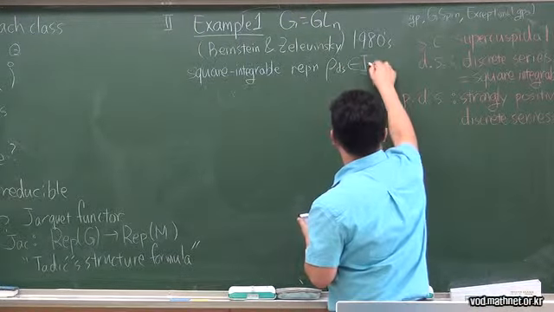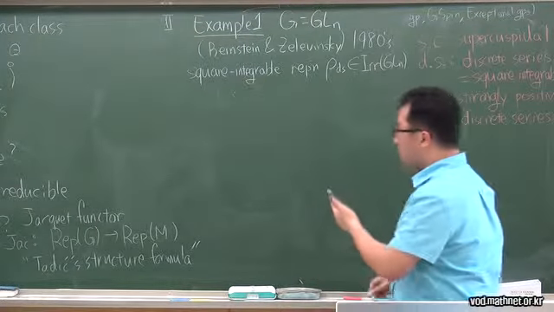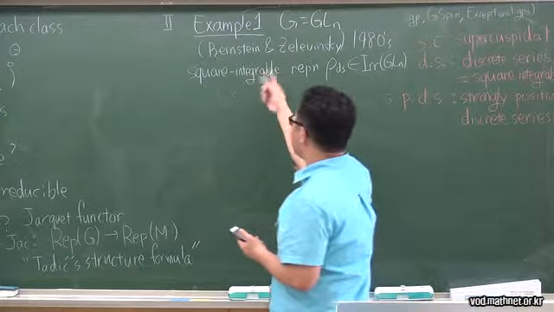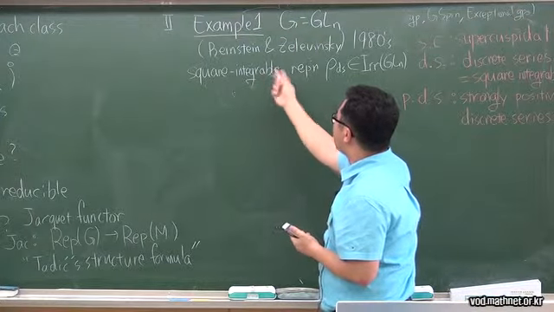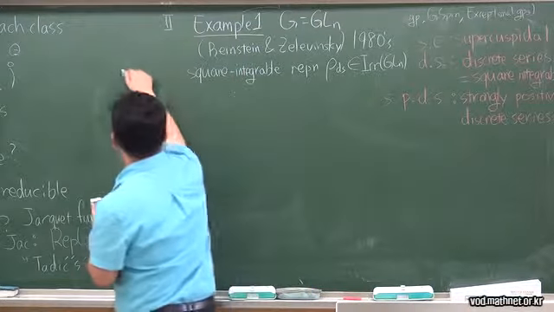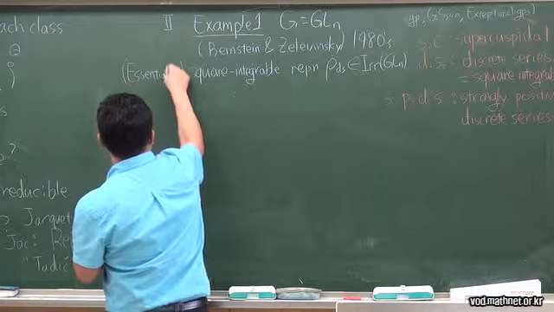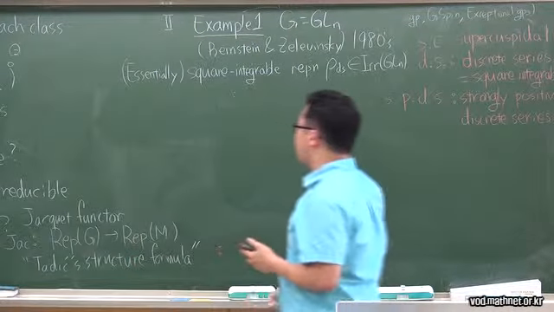So this is irreducible representations of GLN. And they classify the more general representations, more than the square integrable, the so-called essentially square integrable representations.